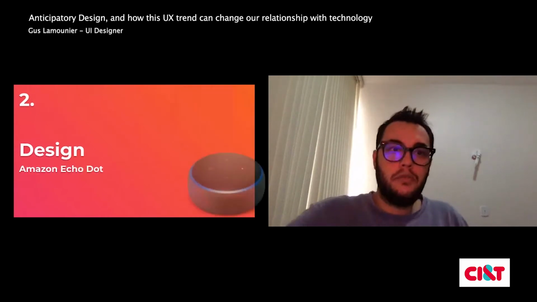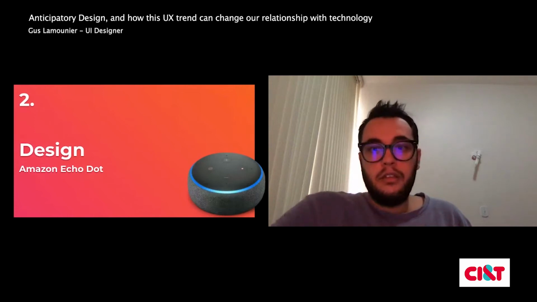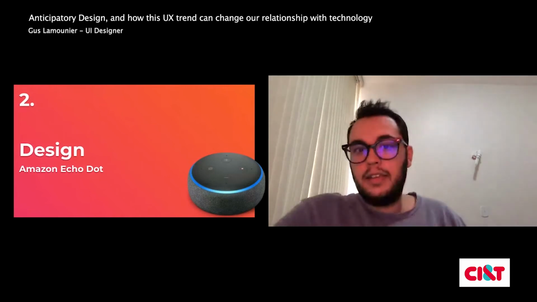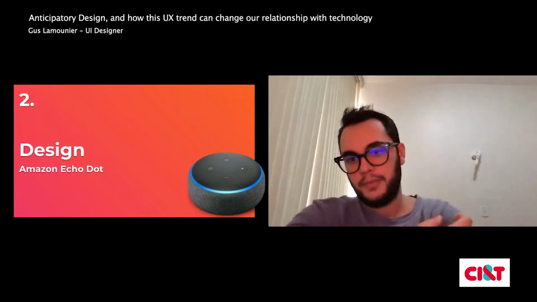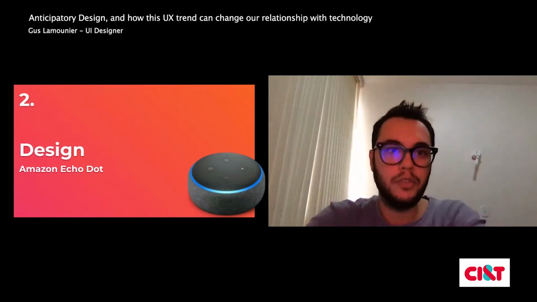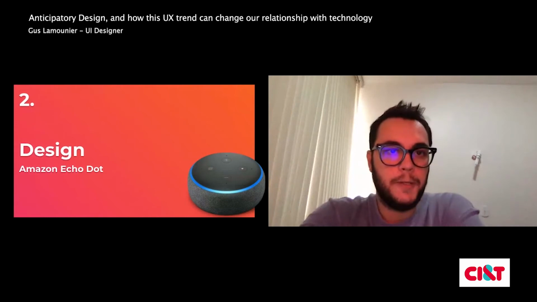And we also have an evolution of hardwares that is the assistants, right? So this one is the Amazon Echo Dot. It's available really cheap on the internet. Everyone can have one of those, or a Google Home Mini, or a Siri.